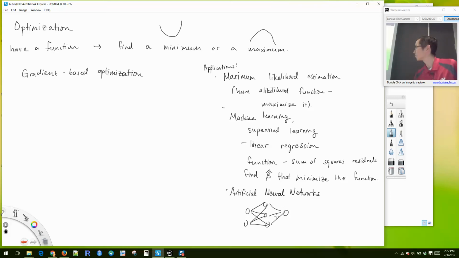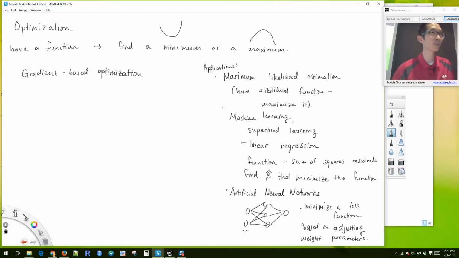You've got parameters here, and you're trying to minimize a loss function by adjusting the weight parameters. So anyway, lots of applications for optimization.